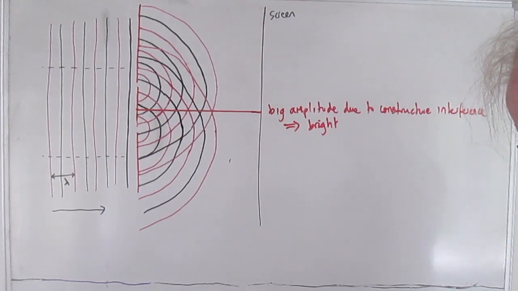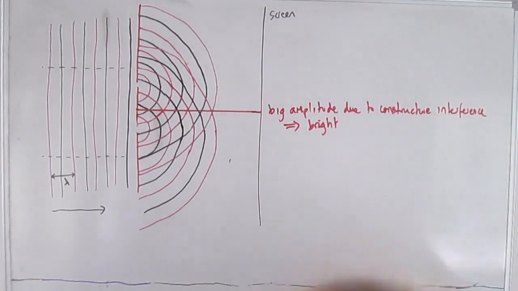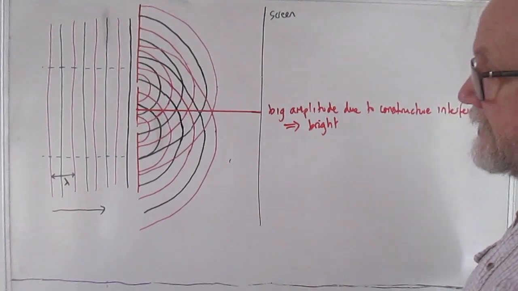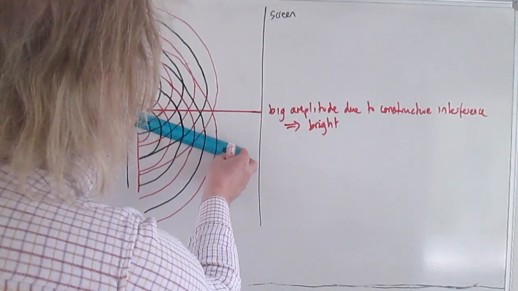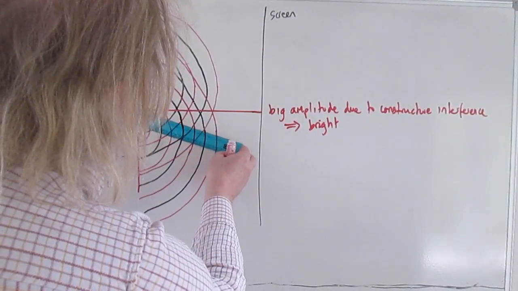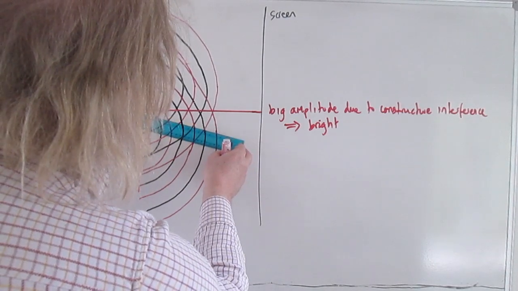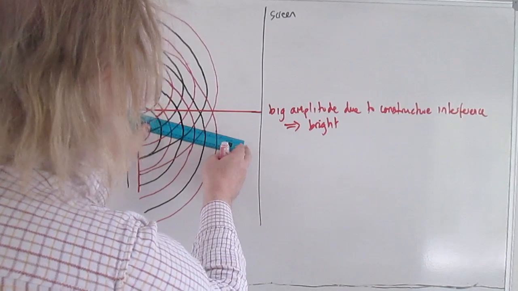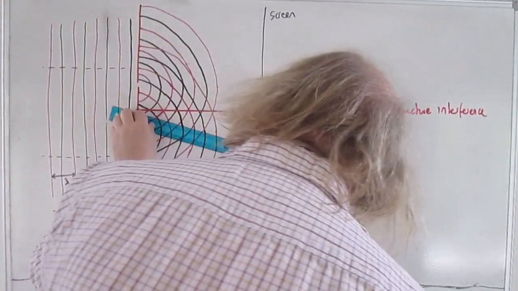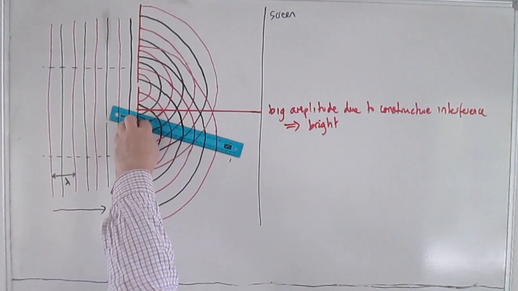Now if we look at other angles, we can see that along certain lines you always get destructive interference. So for example, you can see that along a line that goes roughly like that, oops, let's get the black one here.